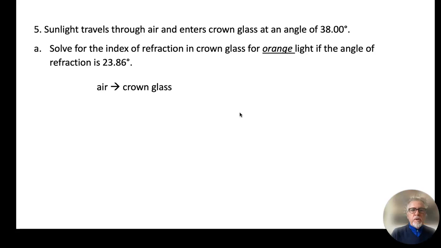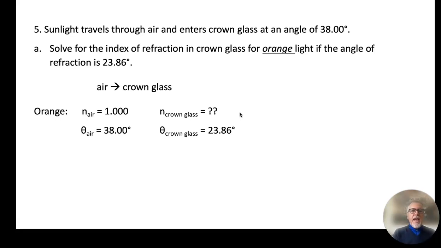So our boundary is between air and crown glass, and what you should first do is write down the knowns and the unknowns. Well, hopefully you wrote the following, that the n of air is 1, the n of crown glass is the unknown, and the angle of incidence is 38 degrees and the angle of refraction is 23.86 degrees.